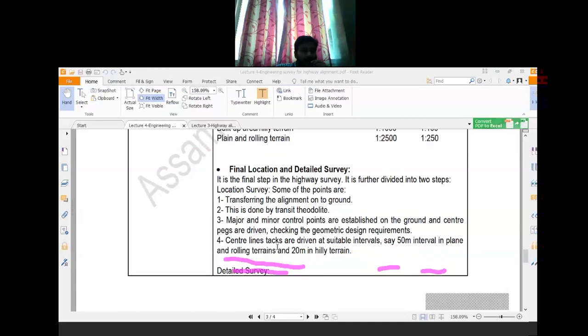In the final location and detail survey, you need to find the major and minor control points. You have to decide different control points for traversing and establish different points on the ground. The central line should be marked through pegs, and you need to check the different geometric design requirements.